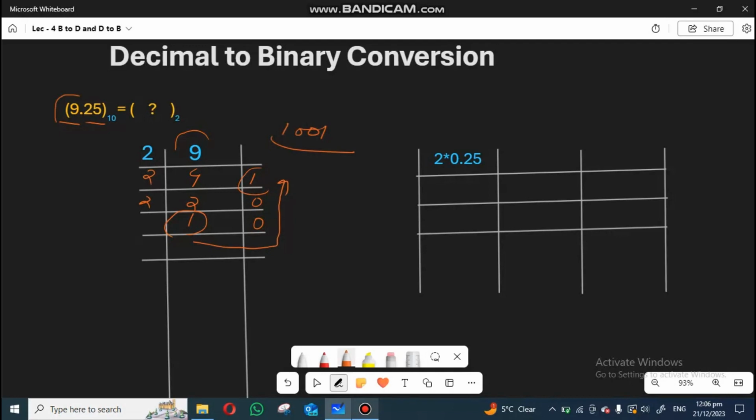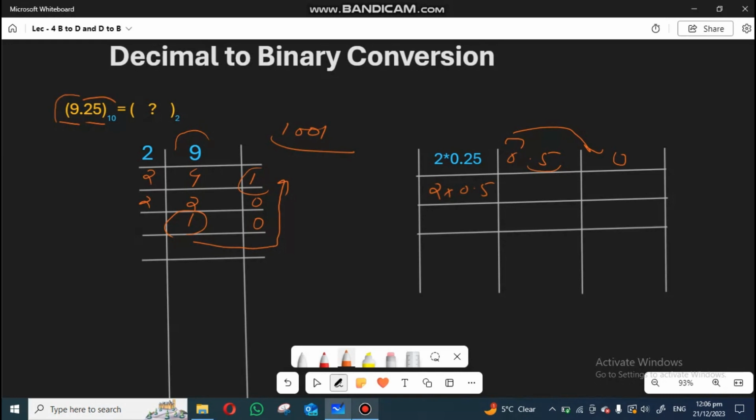But what about the 0.25? For converting 0.25, I am going to multiply it by 2. What am I going to get if I multiply 0.25 with 2? I'm going to get 0.5 definitely. Now I'm going to write this integer part over here, and the 0.5 part here, and I'm going to multiply it again by 2.